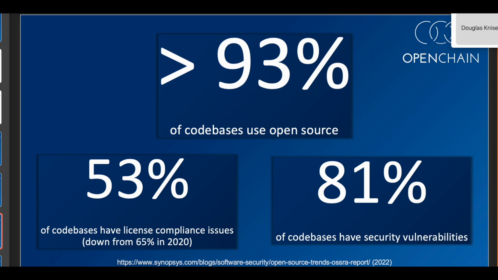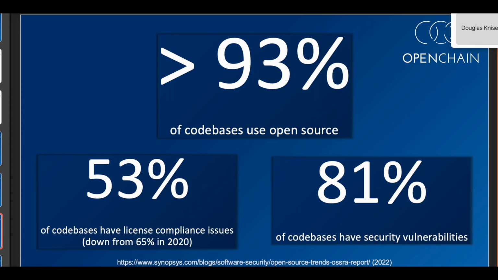Now, that is an interesting set of data points because over half of code bases have license compliance issues and over 80% of them have security vulnerabilities in play. That's obviously concerning. It's not just open source naturally that's impacted by things like this. We're talking about an open source is software challenge. All software has issues around things like compliance and security. But our optic today is really coming at the how do we look at this stuff from the open source perspective.